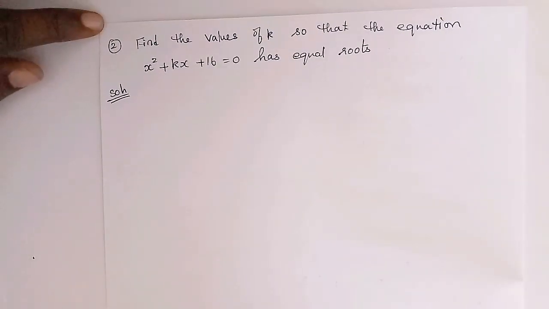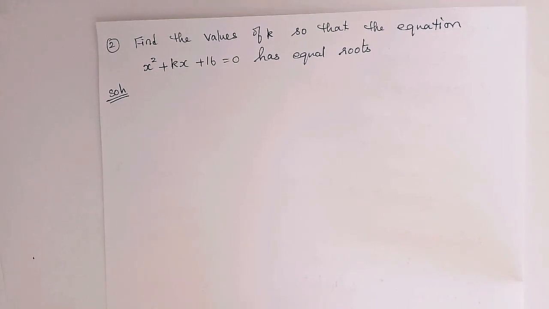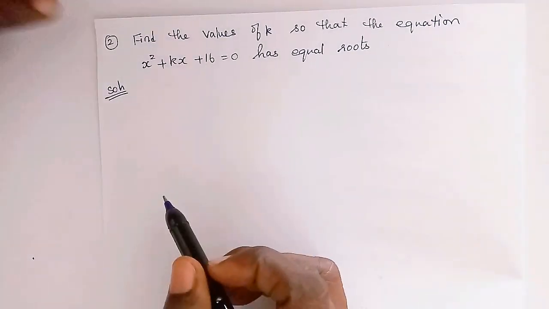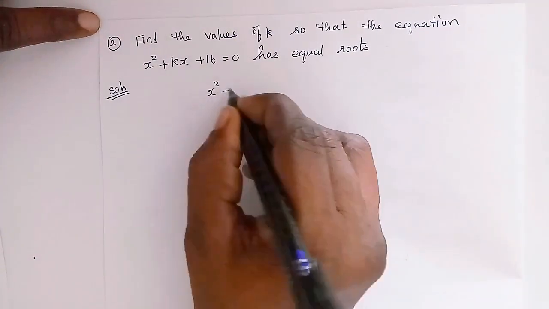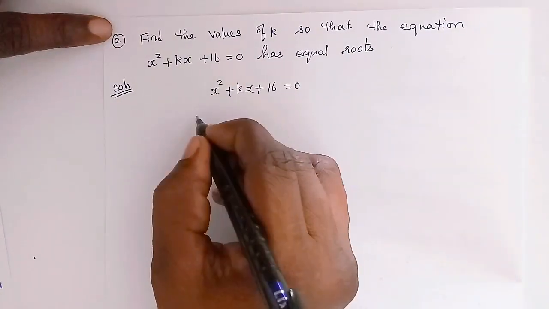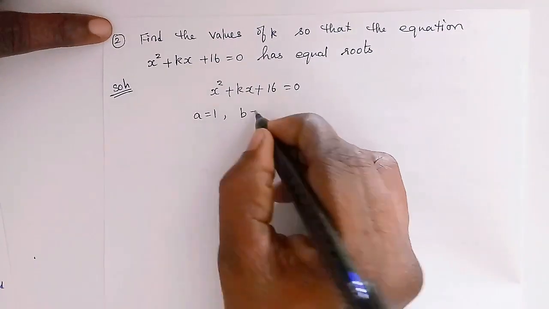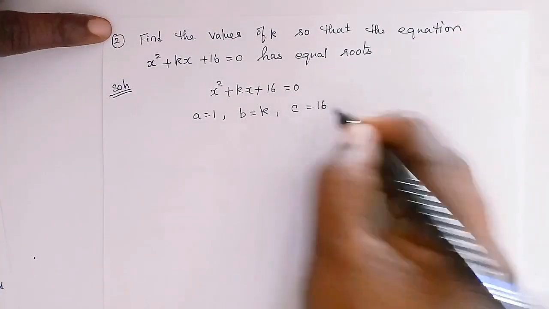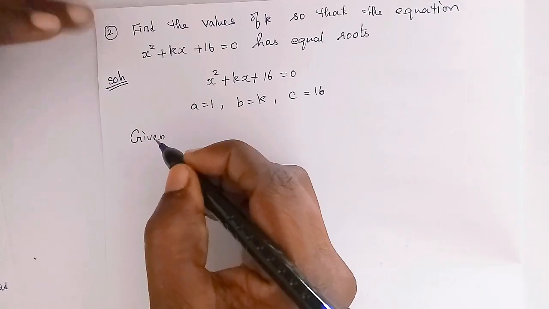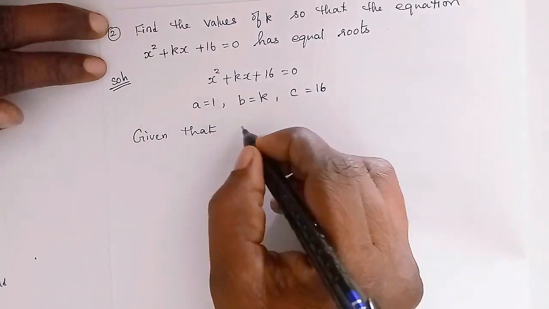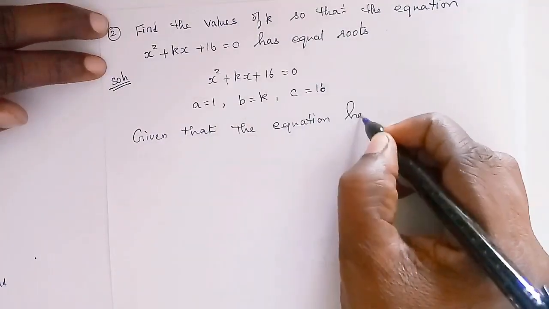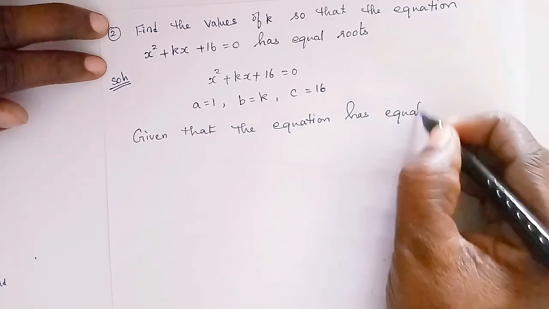Find the values of k so that the equation x square plus kx plus 16 has equal roots. So it is given that this equation has equal roots. From the equation x square plus kx plus 16 equal to 0, by comparing it with the general equation, we can write a equal to 1, b equal to k and c equal to 16. And it is given that the equation has equal roots.